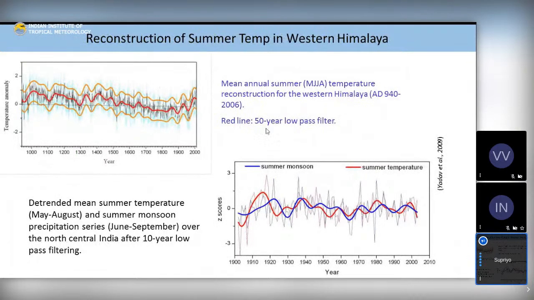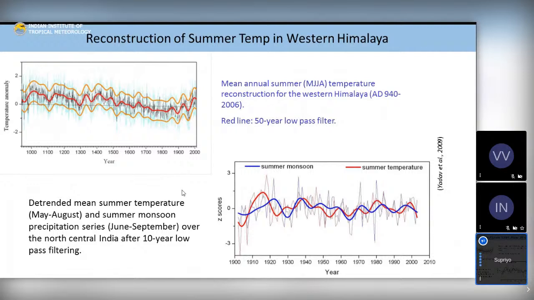This is another tree ring record, which is also taken from the Western Himalaya, and the reconstruction of temperature is provided for almost the last 1,000 years. One interesting feature is that over this long time scale, the temperature in this region shows a declining trend, as shown in this red line, which represents a 50-year low-pass filtered line.